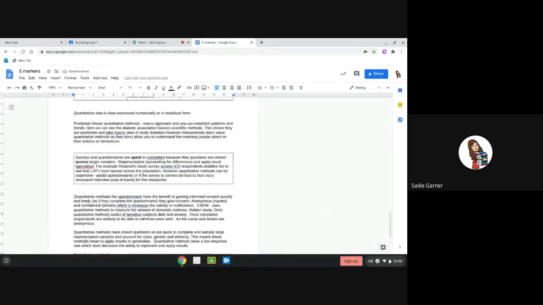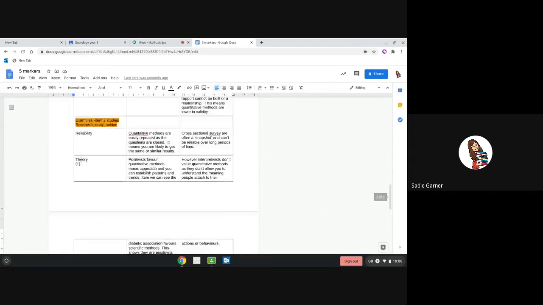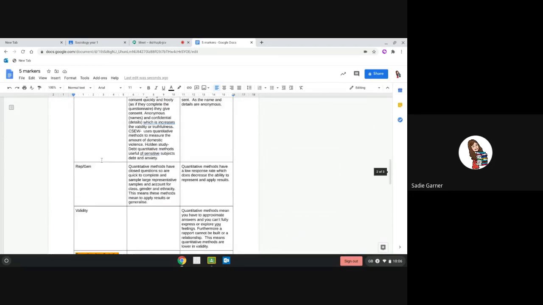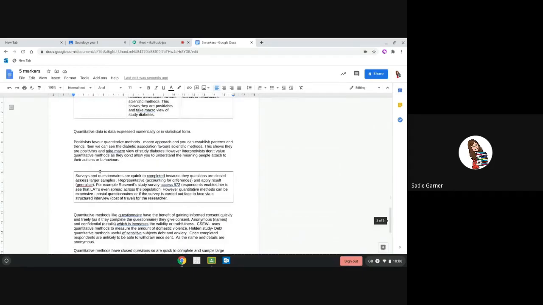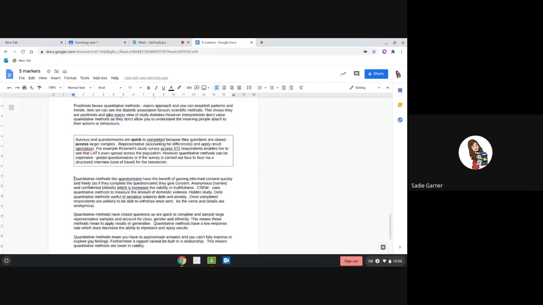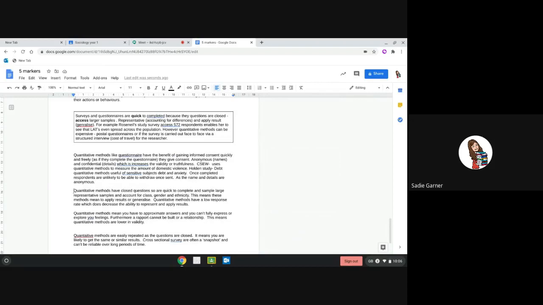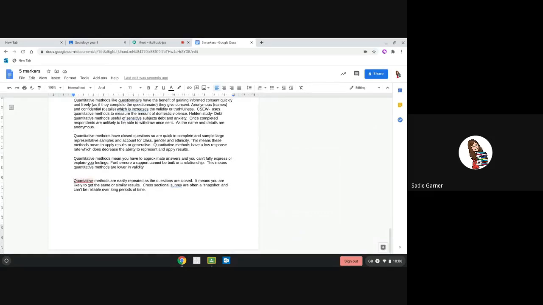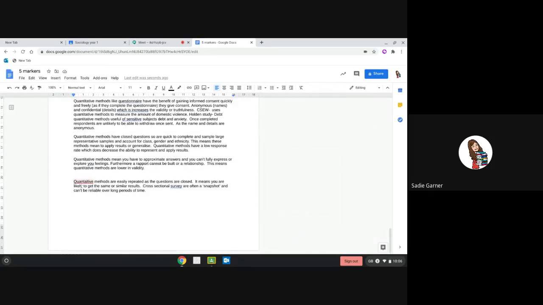Okay. Definition, theory, strengths and weaknesses, practical, ethical, rep and gen, validity, reliability, all in there.